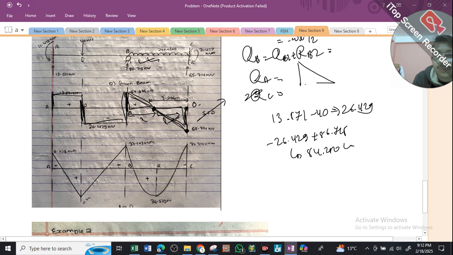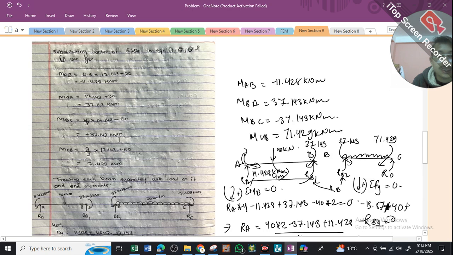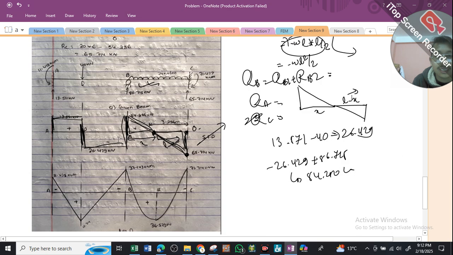What we're going to do is use the similar triangle method. So this is going to be x, this is going to be L minus x, where our L is going to be the length of BC. So length of BC is 6, I think. 6 minus x, and we're going to have this value as 54.286, and this is going to be 65.714.